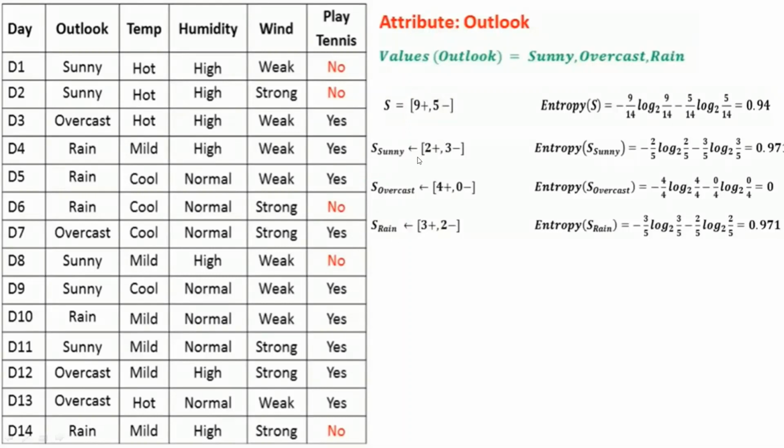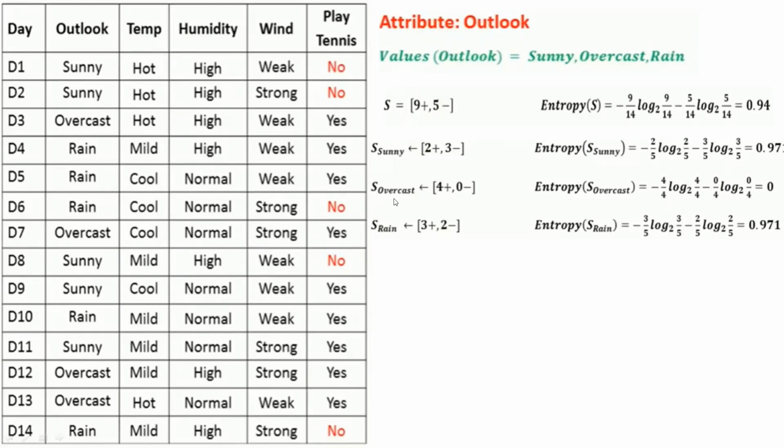Sunny values are only 5. So entropy is minus 2 by 5 log 2 by 5 base 2, minus 3 by 5 log 3 by 5 base 2. This is the result.